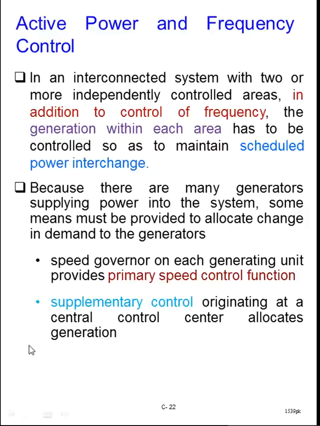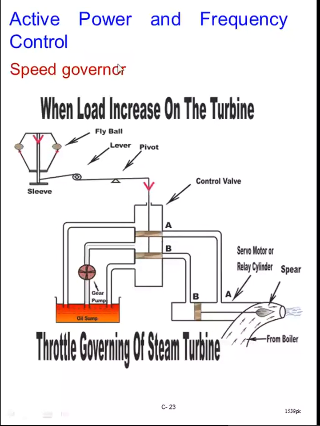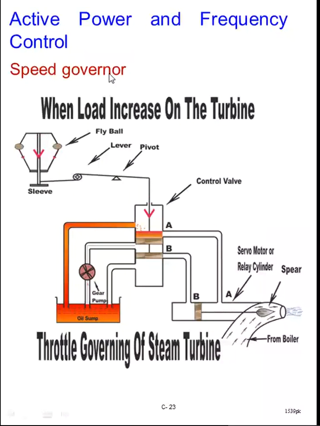Right? Anything? So we move. Here I have one slide that I got from the internet. I'm not sure if you are aware of how we have the governor action. This is just an animation to show you how we apply a throttling on the turbine.